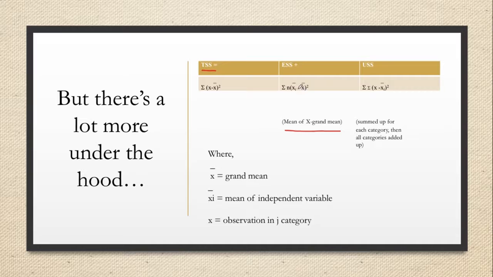And we also have a mean that is associated with an independent variable. That's the mean of x right here. The unexplained sum of squares, for instance, is the summing up for each category and then summing up all the categories added together.